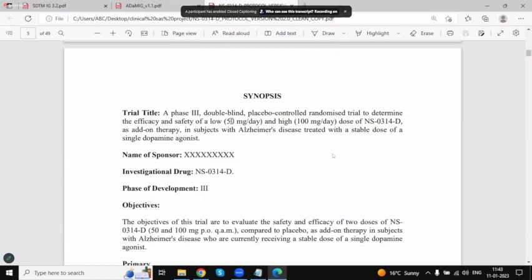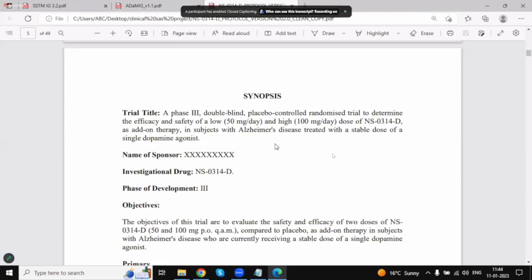A phase 3 double-blinded, placebo-controlled, randomized trial to determine the efficacy and the safety of some 50 mg and 100 mg dose as an add-on therapy in subjects with Alzheimer's disease treated with a stable dose of single dopamine agonist. Okay, don't worry about the terminologies. Going forward in the next classes, I'll give the definitions. Once you understand the definitions, then read this protocol document. It will be very clear for you.